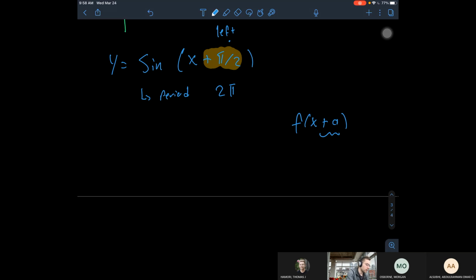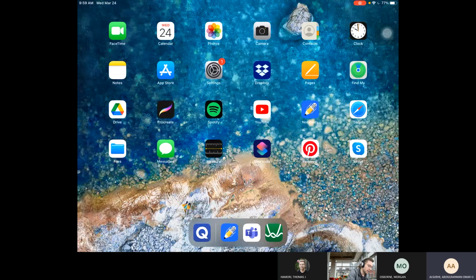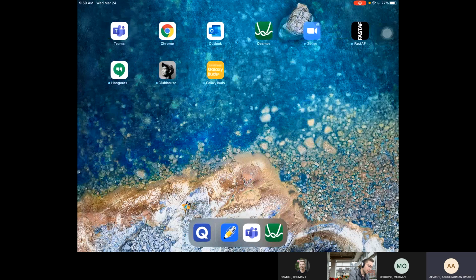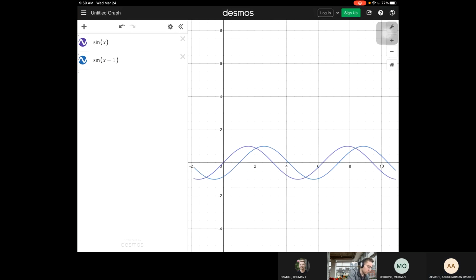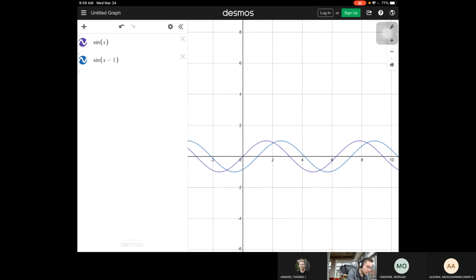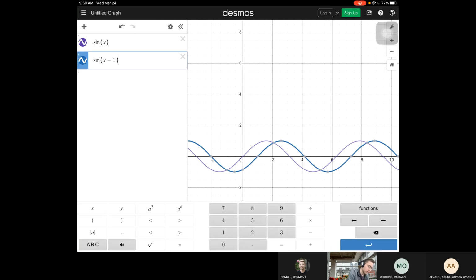Okay, so the period is going to be preserved, right? Because if I take sine of x and all I do is move it a little bit, then I've taken my original sine function and moved it over. Let me move it over 0.1. Plus, sorry, that's what it should have been, plus 0.1. Well, this is what happens when I move it over by 0.1.